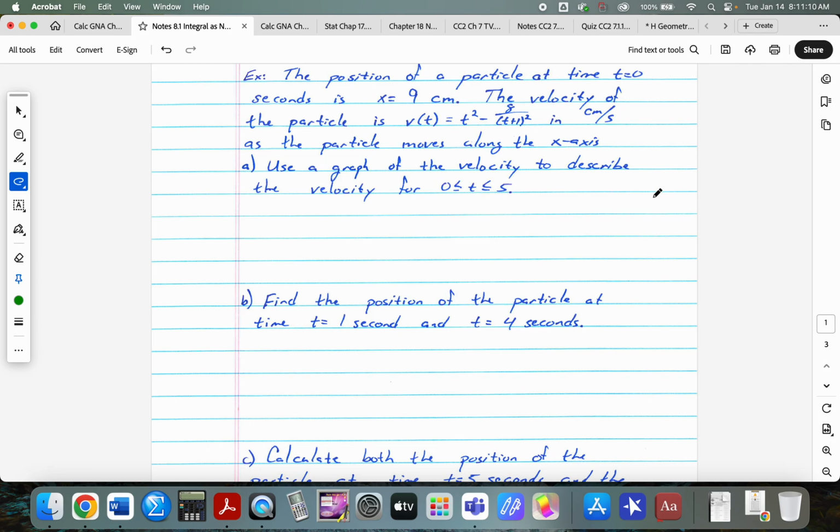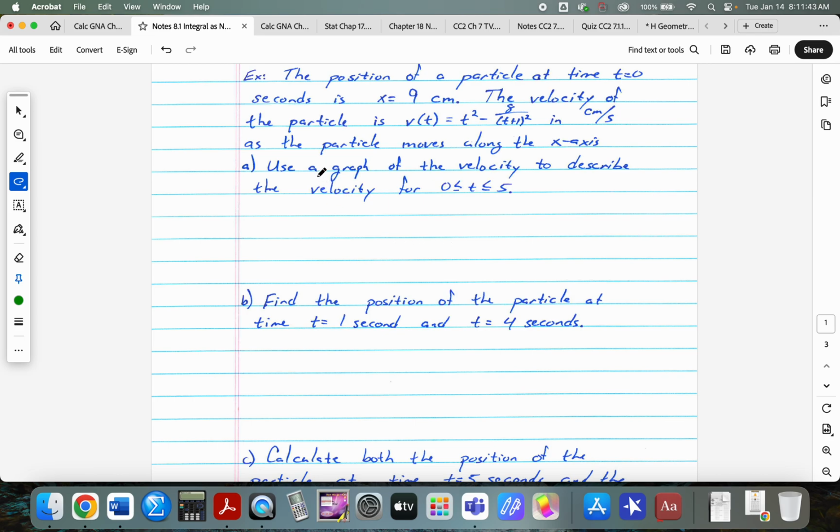The velocity of the particle, v of t, is t squared minus 8 over (t plus 1) quantity squared in centimeters per second as the particle moves along the x-axis. So we're just doing what's sometimes called rectilinear motion. It's just moving along a line. For this class, we don't ever get to two-dimensional motion. For BC, we do some of that. That's one of the differences between AB and BC.